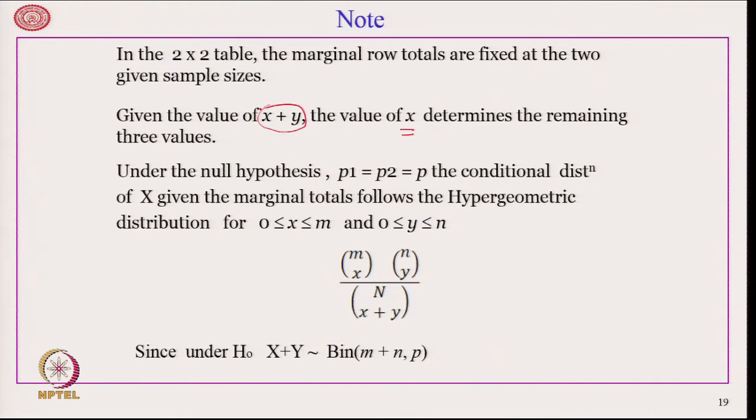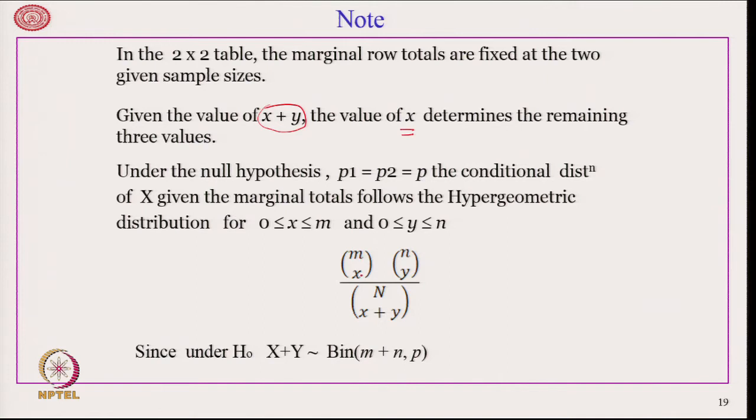Under the null hypothesis, P1 is equal to P2 is equal to P. Then the conditional distribution of x given the marginal totals follows a hypergeometric distribution. That means, what is going to be the probability of x out of m many trials?